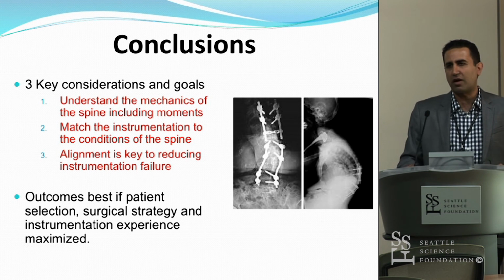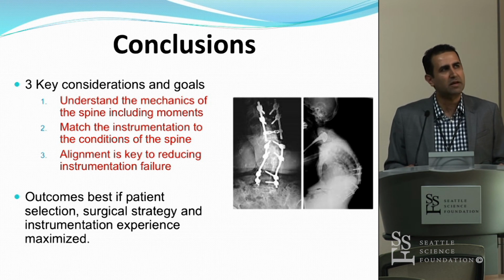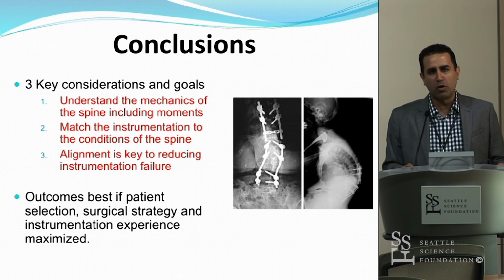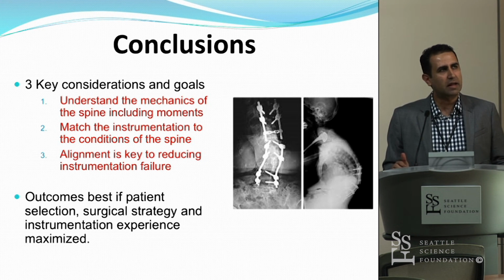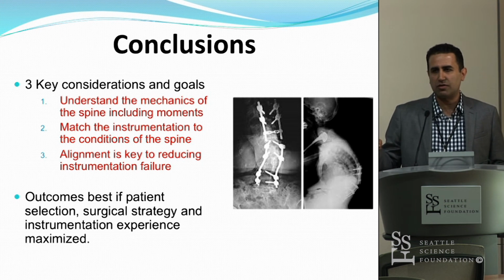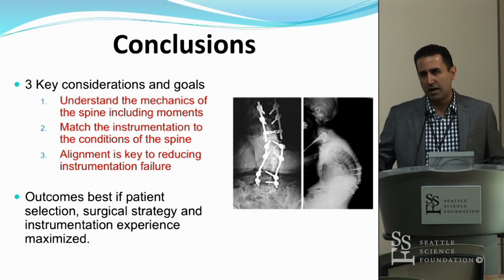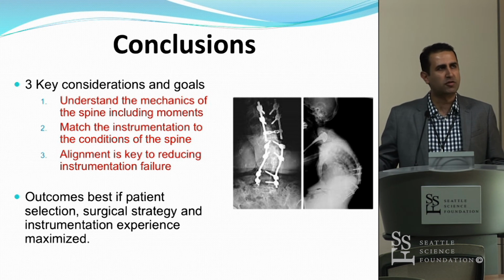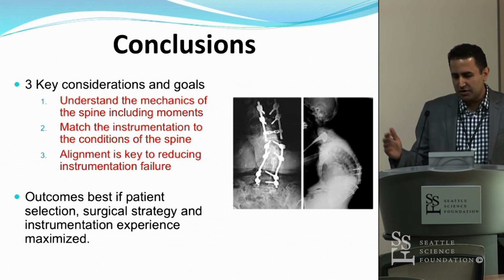Okay, well, in conclusion, there's really 3 goals that I want you to take away. One is that you've got to understand some basic biomechanics, and that includes these moments that we talked about. It'll let you understand the shear stresses and the forces applied. You have to match your instrumentation to both the condition you're treating, but also the host, if you like, and the condition of the spine.